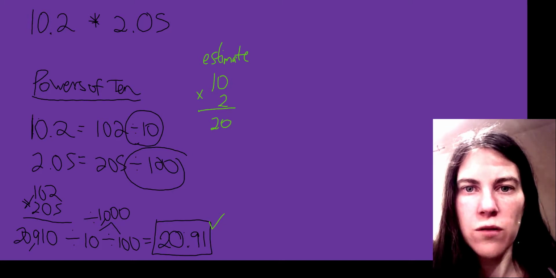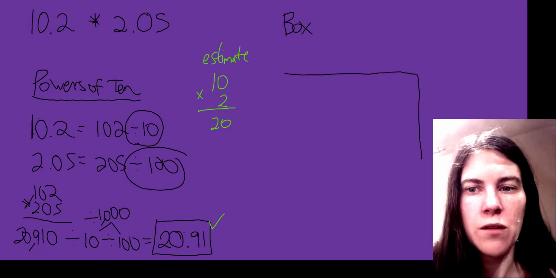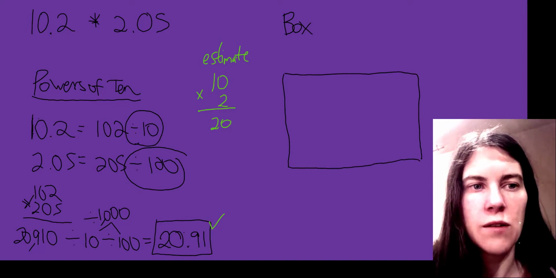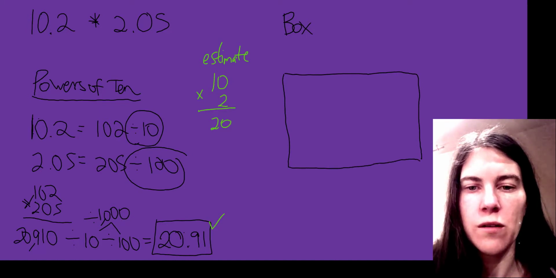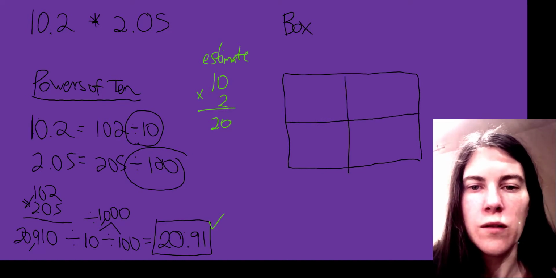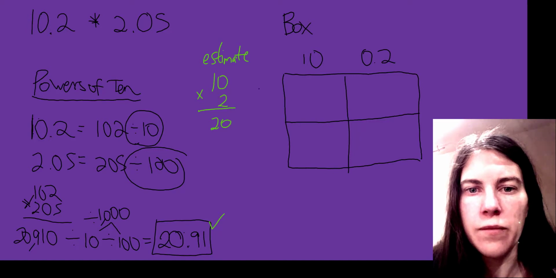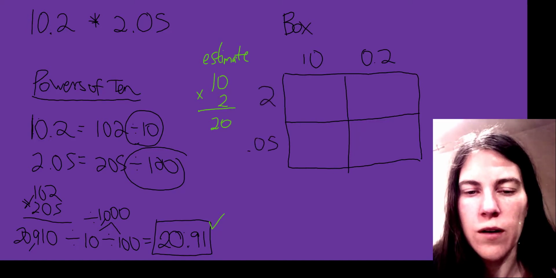Another way. That was the powers of 10 way. Now I'm going to do a box method way. Do I want to use decimals or fractions this time? I'm definitely going to do both eventually. So 10 and 2 tenths, 2 wholes, and 5/100ths.